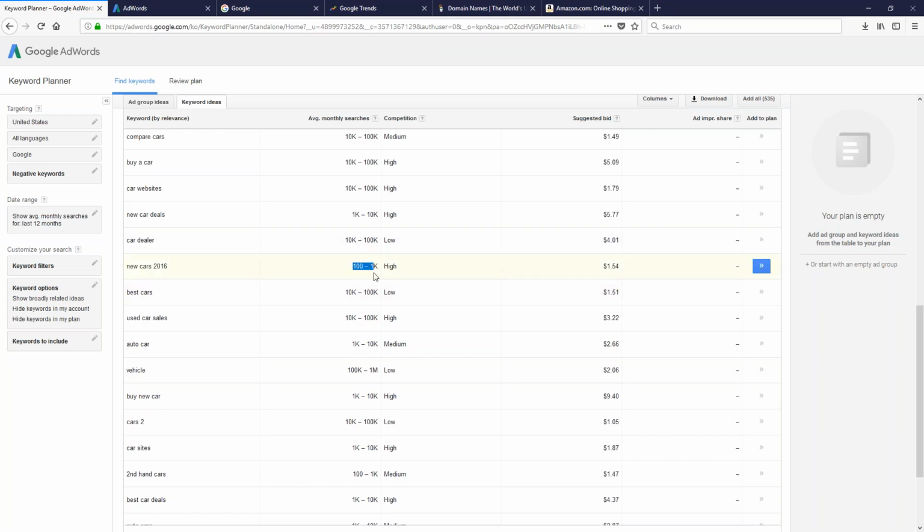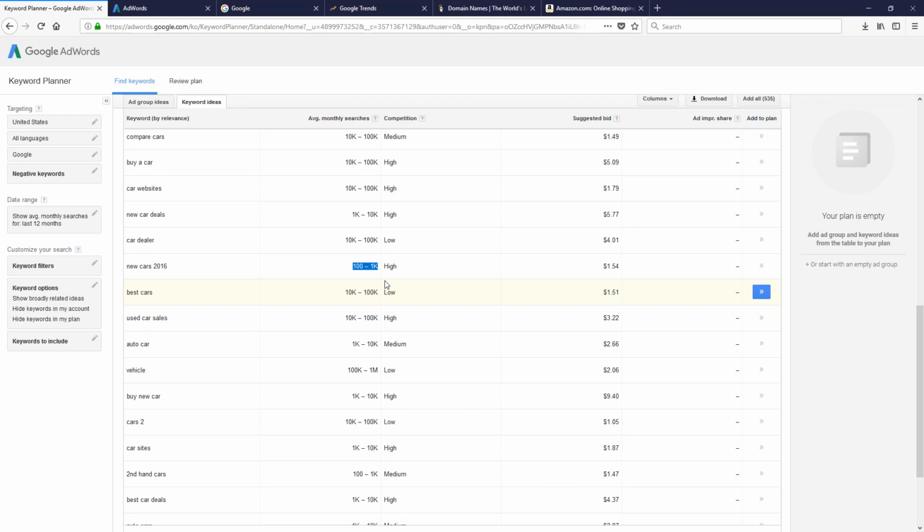Here we go, one of these keywords. The vast majority of the keywords that you will want to target will end up being within this particular range here. Now, there are a couple of ways that you can go about getting some more specific keyword data out of this. One of them is to simply run some ads.